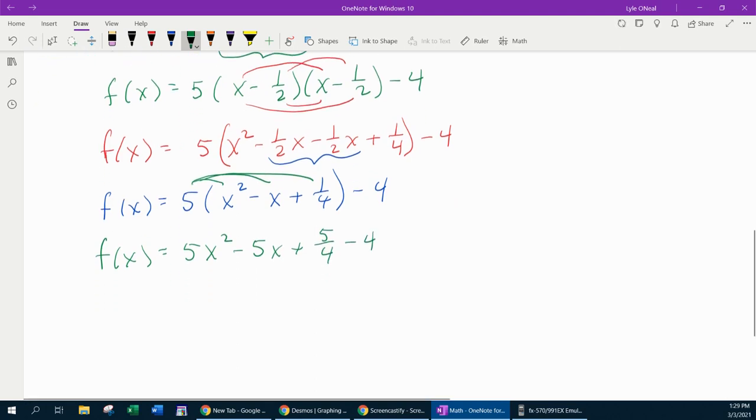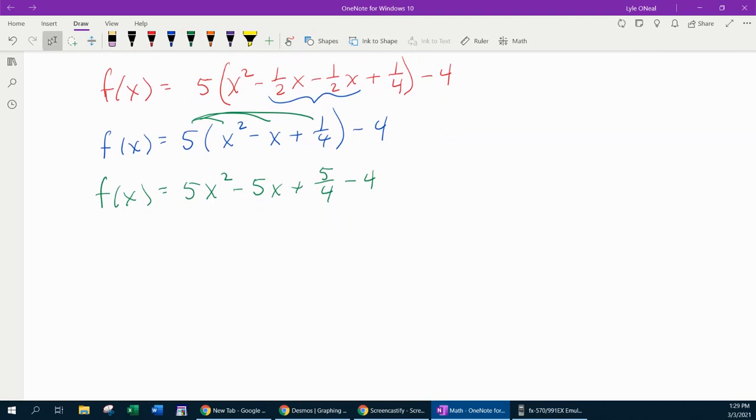And we're finally to the last step, where we simply need to combine like terms one more time, and that'll give us our function in standard form. 5x squared minus 5x, and to add these numbers, or in this case subtract, we're going to need a common denominator.